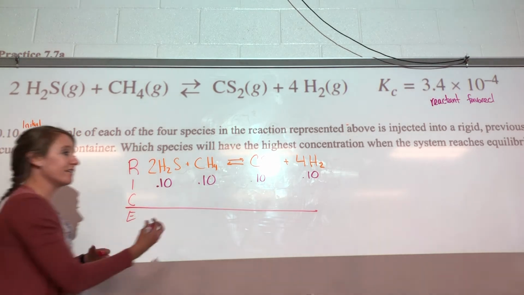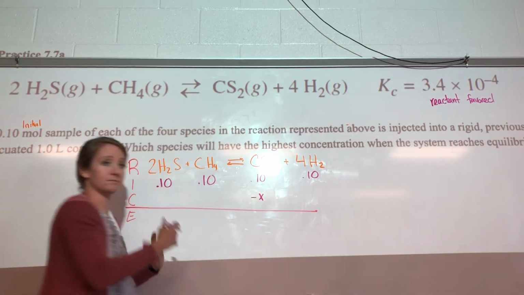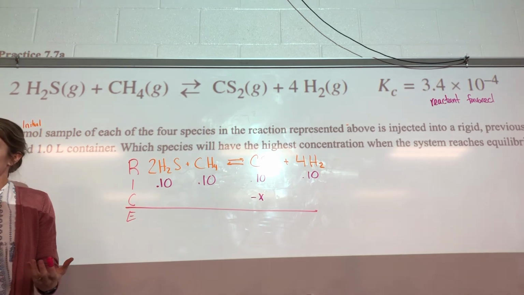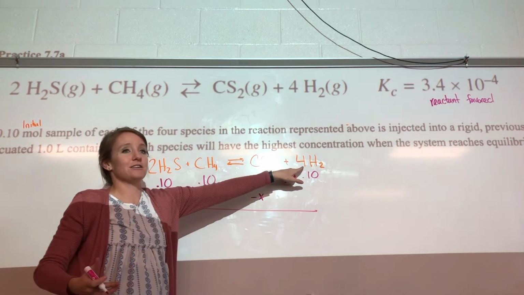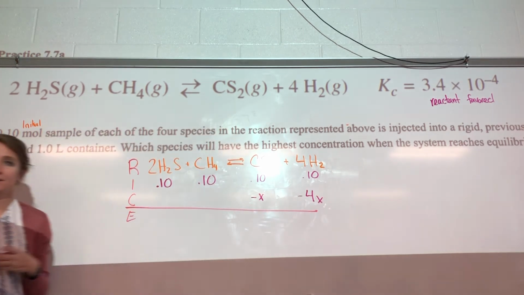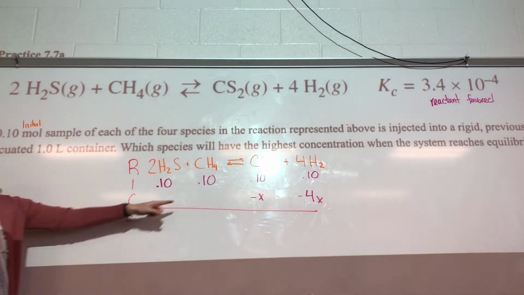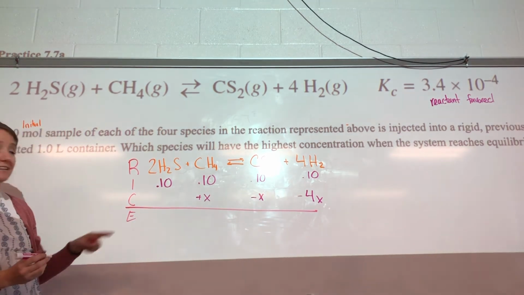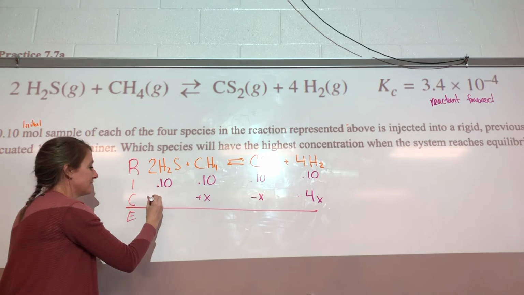So I'm going to say, well, this one's going to decrease by something, we'll call it X. This one's going to decrease by 4X. This one's going to increase by X. And this one's going to increase by 2X.